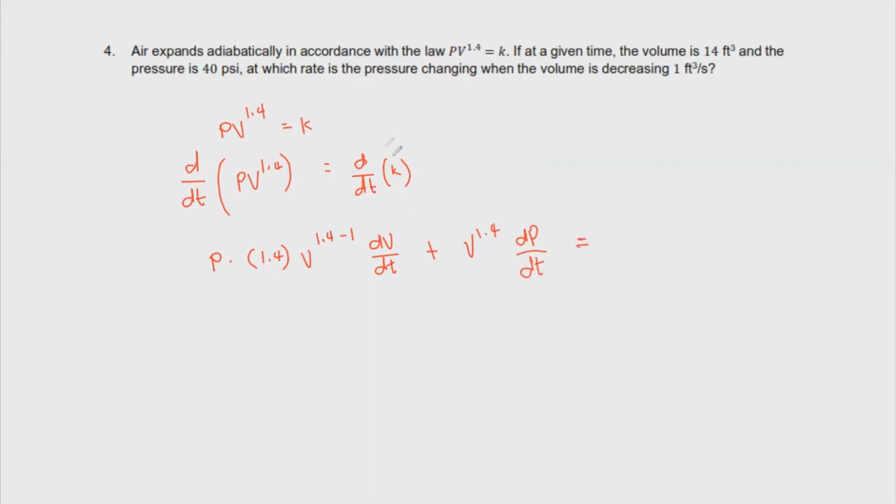And then we know for sure that if we differentiate a constant, regardless of the differentiating variable, that will be equal to 0. Okay, so this is our general expression. And since we're looking for the rate of pressure change, we need to find this dP over dt. So dP over dt is simply equal to negative 1.4 P times V raised to 0.4 times dV over dt, divided by V raised to 1.4.